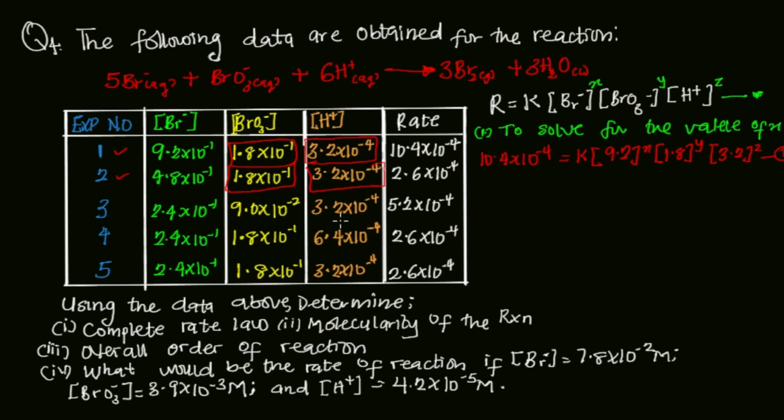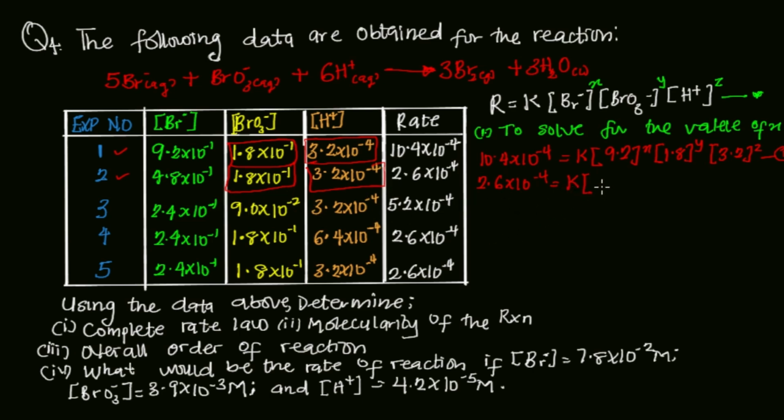So now the next one is equation 2, which is the experiment 2 that I'm picking here. So I'm going to have this to be 2.6 multiplied by 10 raised to the power of minus 4 here. Then this is equal to rate constant K, then multiplied by what? In this scenario, I'm going to be keeping all these powers as well.